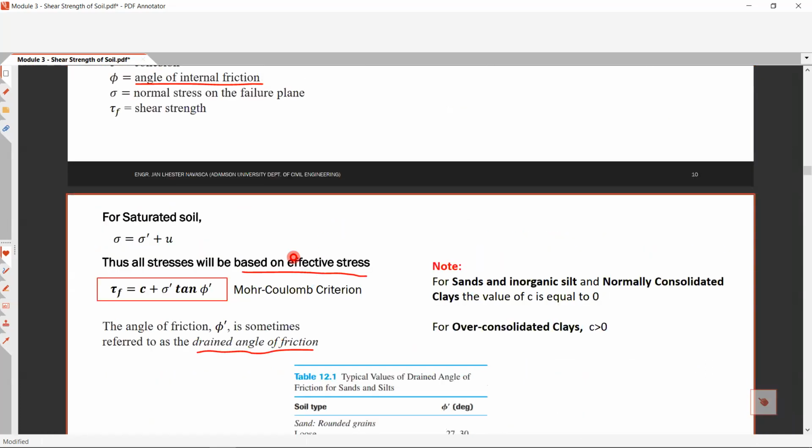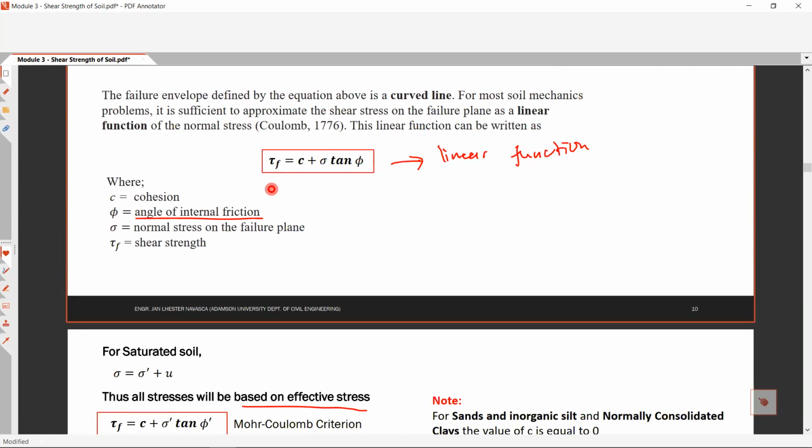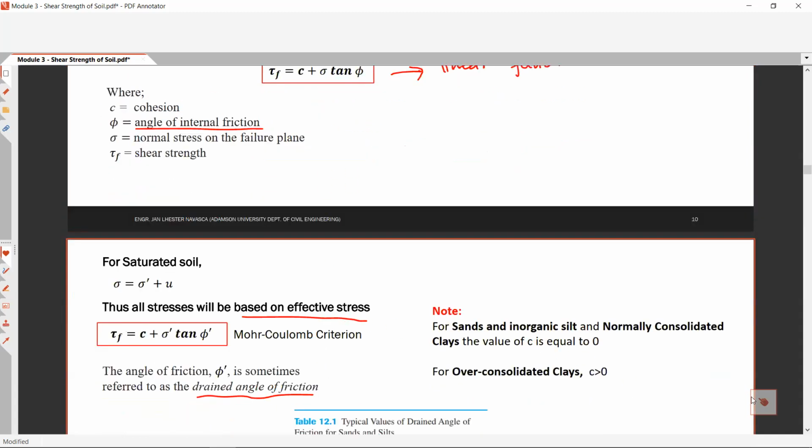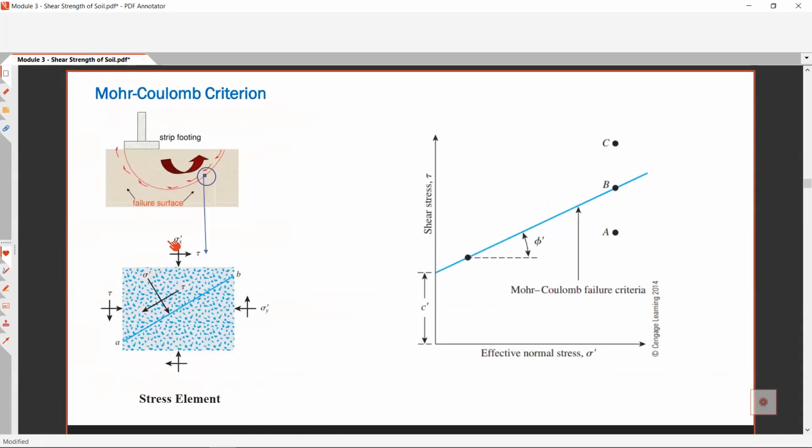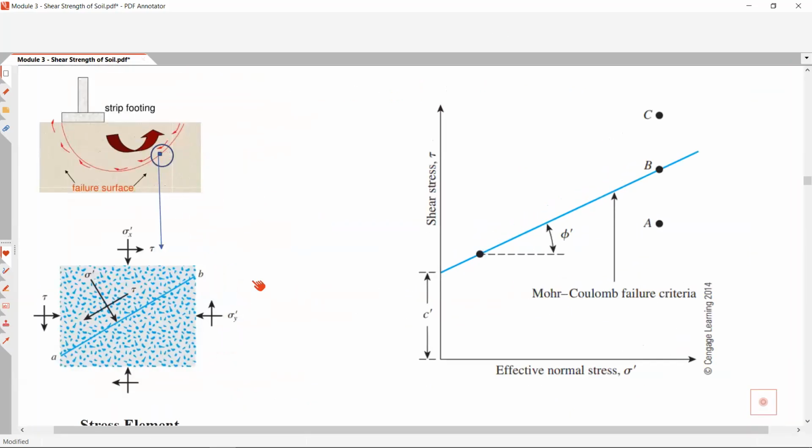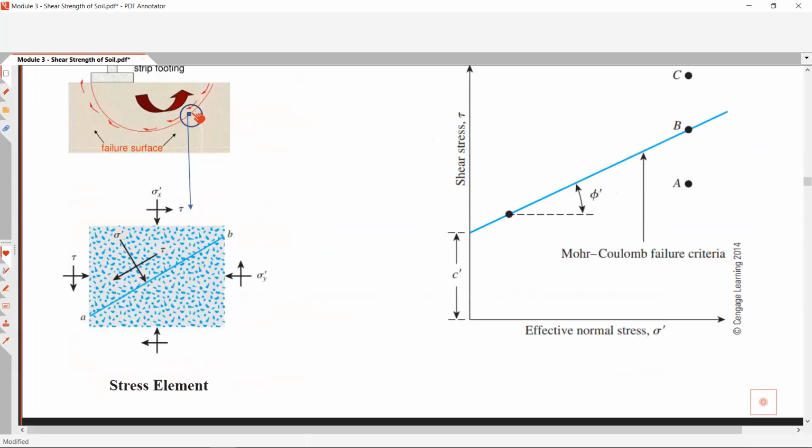We have the shear stress equals cohesion plus the normal stress times the tangent of the internal friction angle. That is why this is called a stress element. That is your soil particle, or an element inside the failure surface. So you can see this failure plane, that is also already a straight line.